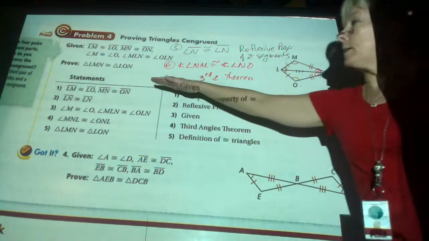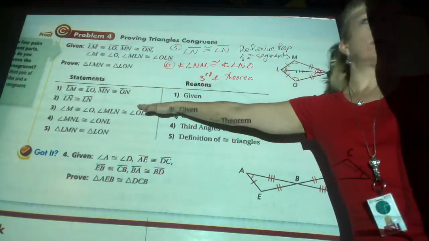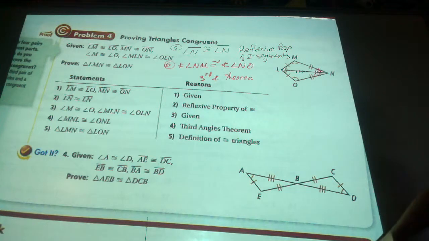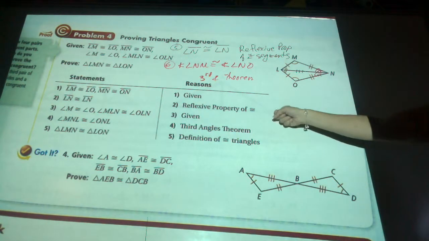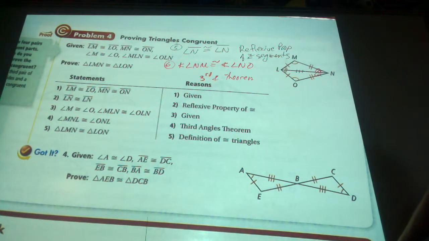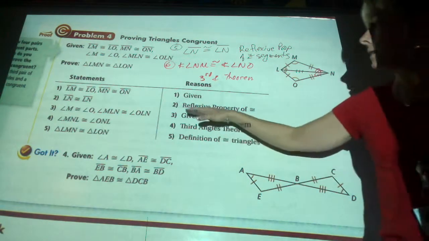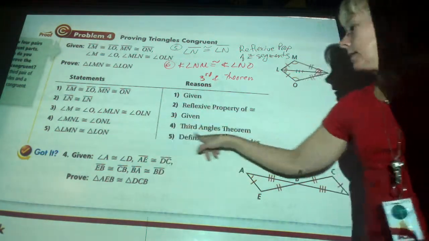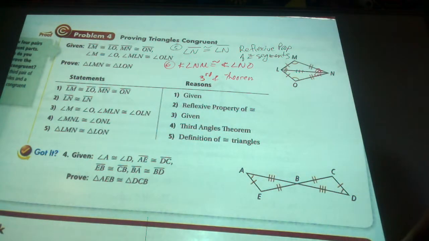They did go from these congruent sides, so this is the 3rd congruent side, and they did say it was a reflexive property of congruent segments, should be. And then we kept that together, and then we listed out our third angles theorem. So the only thing that was different was they split out their given from us, but other than that, it's the exact same proof. So not all proofs are identical, but they have to have that general logical progression. Okay.